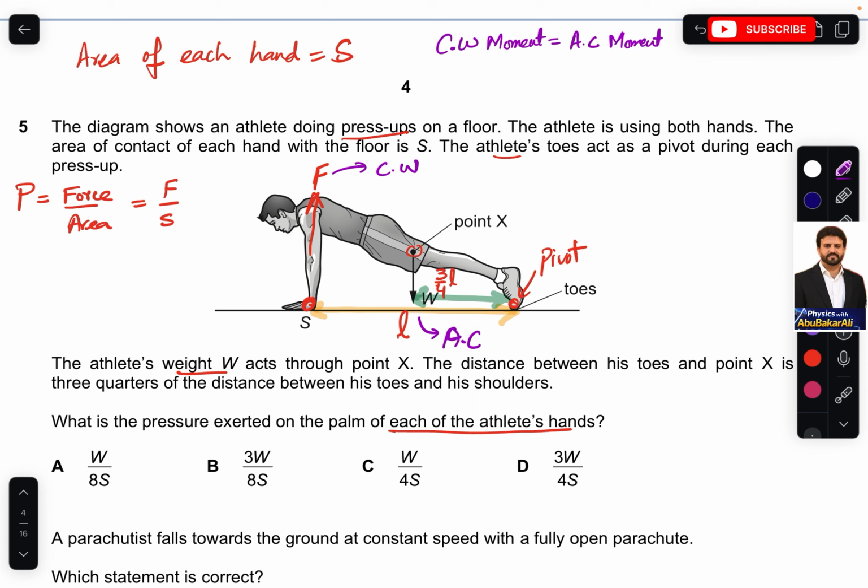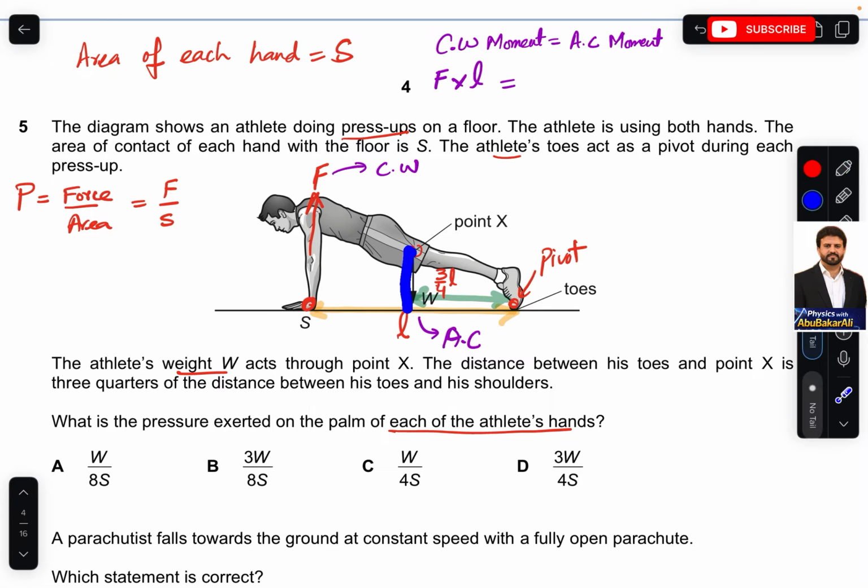For the clockwise movement, the force acting here is F, and the distance from the pivot is L, so F into L is equal to the anti-clockwise movement.